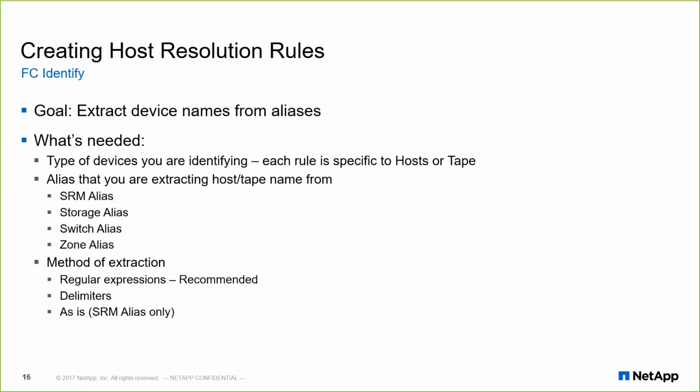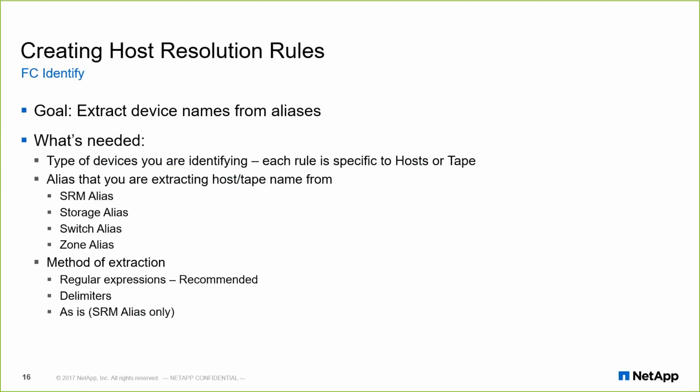Ahead of time, we want to have an idea of what our aliases look like. Did we include that host name in the SRM, in the storage, in the switch, or the zone? Whichever one you know it's in, let's make sure we utilize that so we can extract out of that particular alias. And then we've got to pick a method of extraction. You can take advantage of regular expressions, which we recommend first and foremost because it's just a bit more powerful.